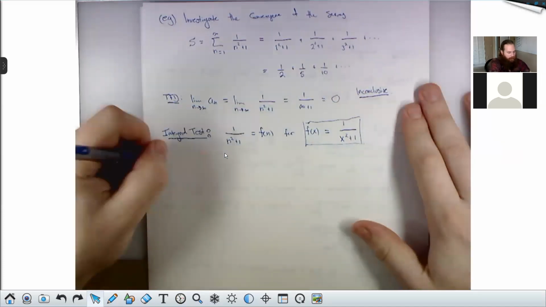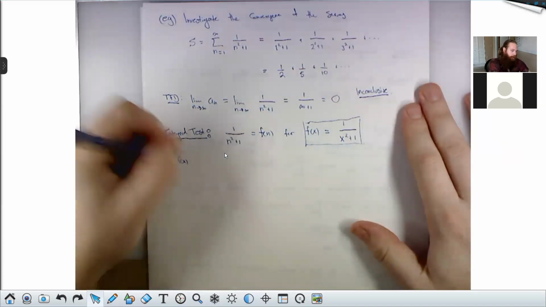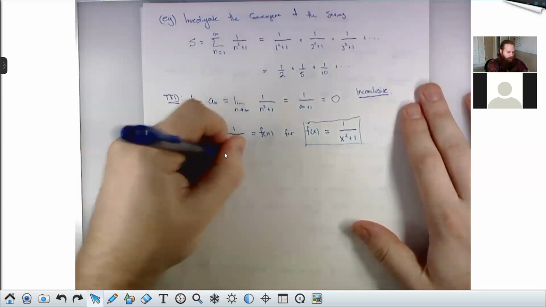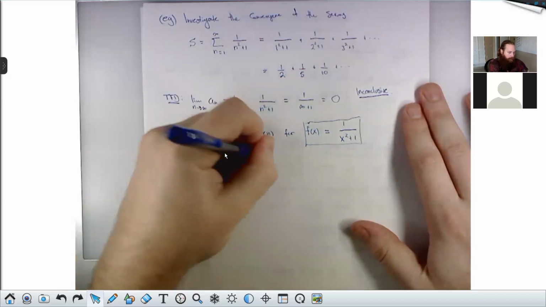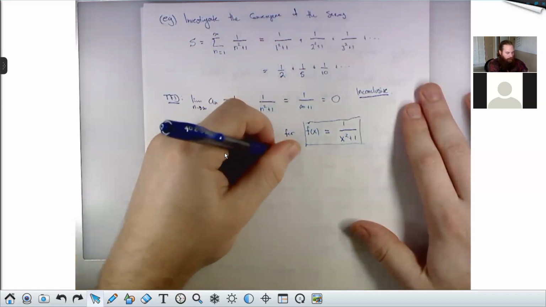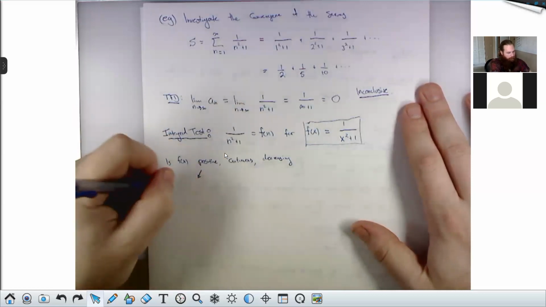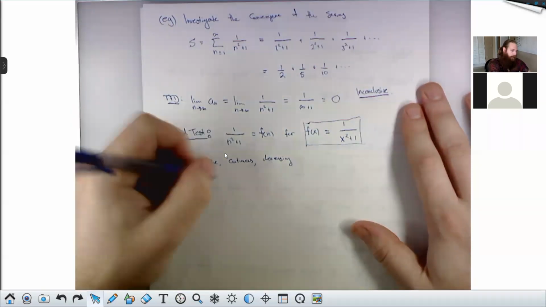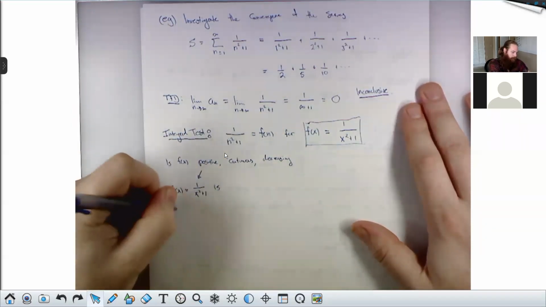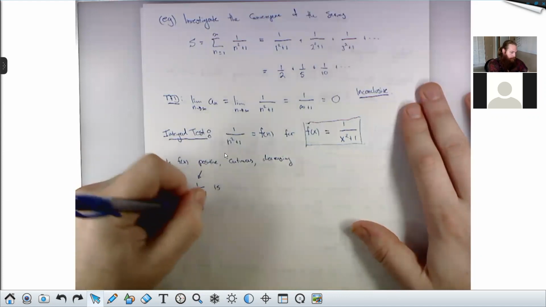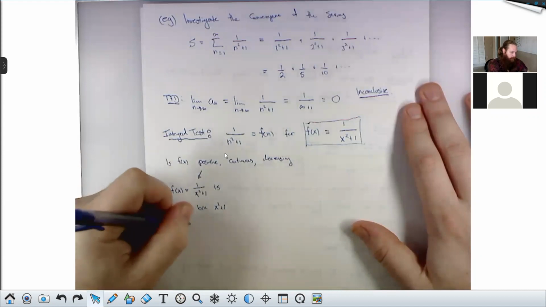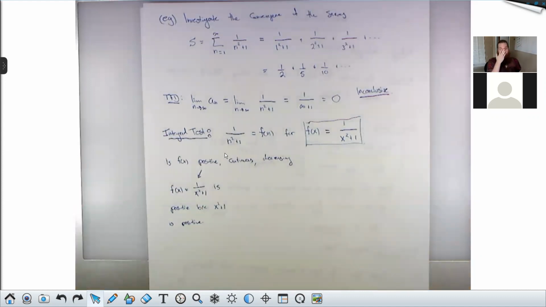So then I need to check, is f positive, continuous, and decreasing? f(x) is 1 over x squared plus 1 is positive because x squared plus 1 is positive, right? x squared is always greater than or equal to 0.